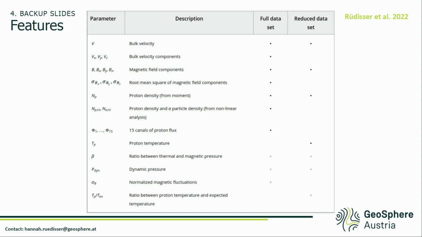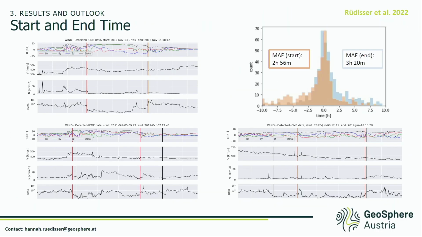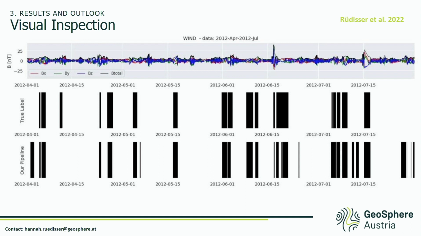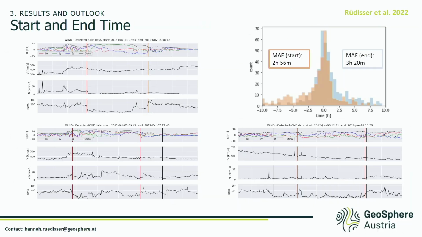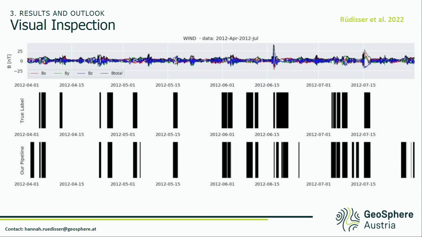Comparing the two catalogs, the catalog that was sort of the ground truth and then the catalog that was predicted by us, we classified it as a true positive if there was an overlap of more than 60% between two events. But what we also did, I think you can see it here, for example, what often happens is that one large CME might be classified as several small ones, or we might have a little gap in between.